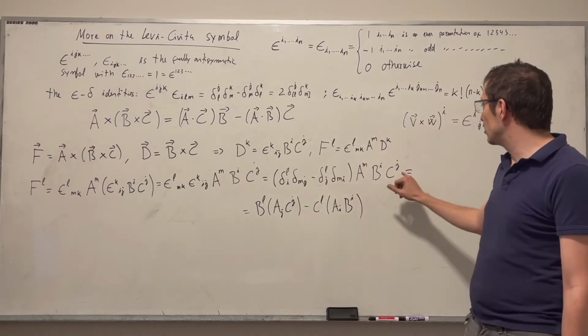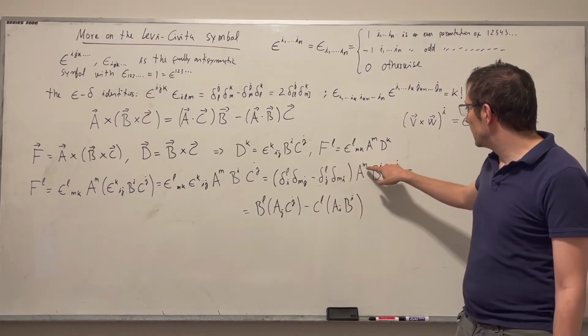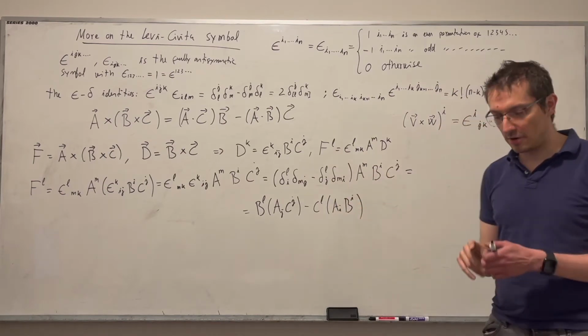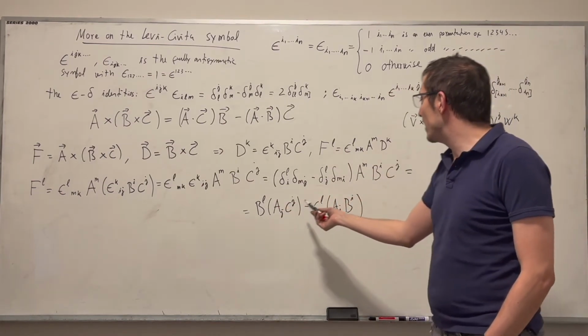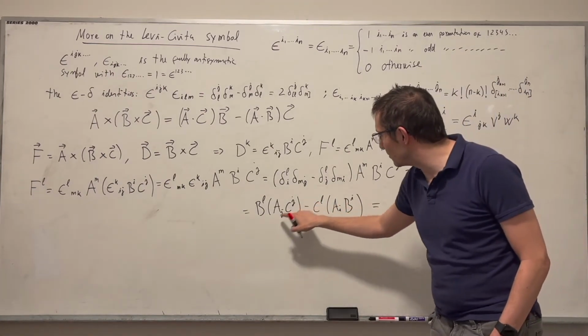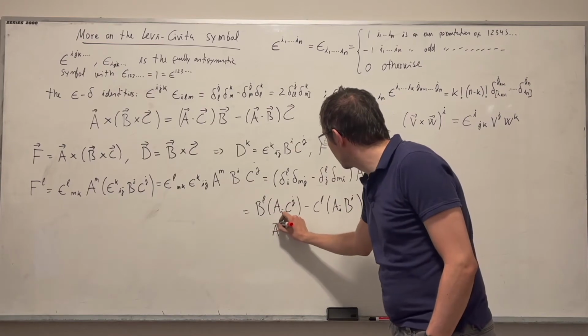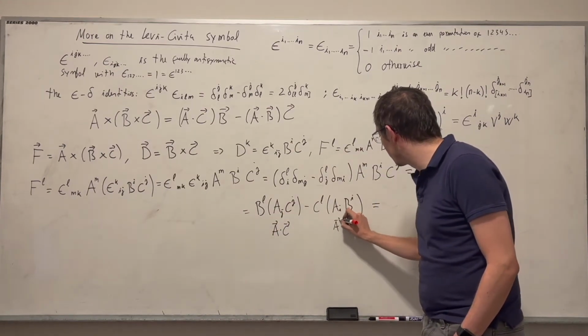And for the second term, this delta replaces the j with an l, c_l, and then this delta, the m with an i. There we go. And then we realize, what is this? This is the nth component of a vector like this. This is equal to, remember, the inner product, the dot product a·c, and this is the dot product a·b.